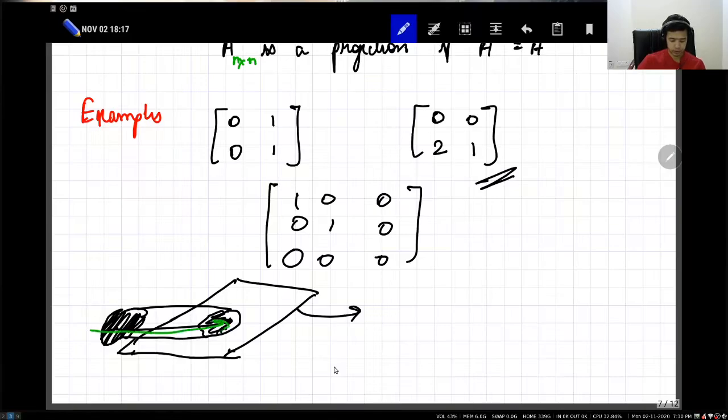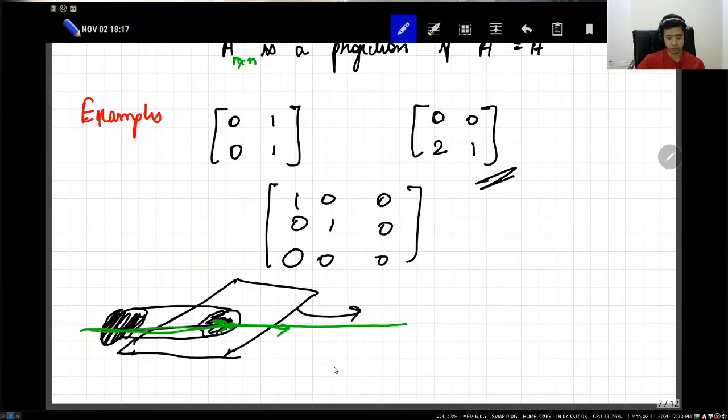So if this were the direction, and this is the origin, and this particular vector represents the direction in which the light is shined, then the subspace spanned by this vector, or the line passing through this vector, gives the null space, right?